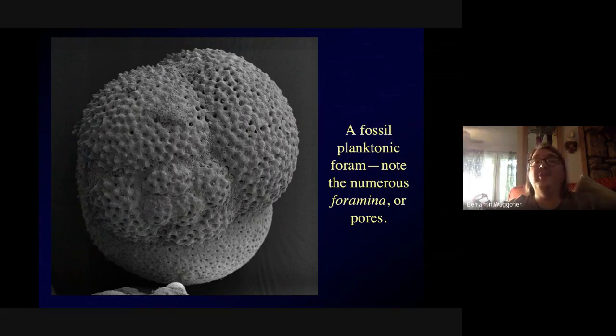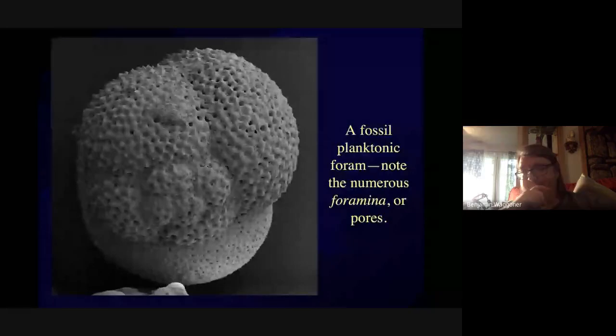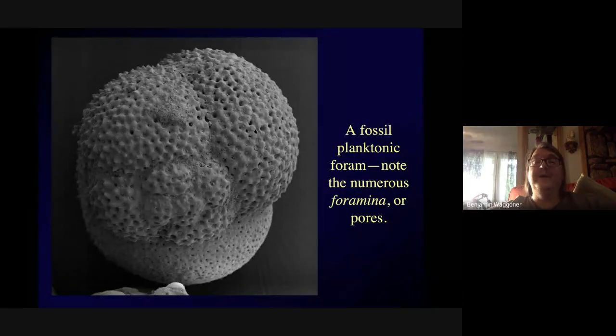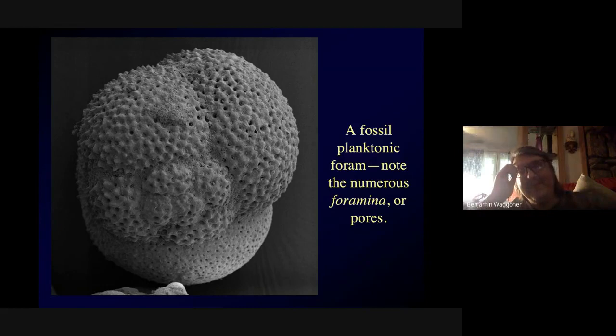I can't even remember all of them now, but it's the same word for a small hole for a nerve to pass as it is here. The foramina are these little pores that make the whole thing look like it's been shot with buckshot. And the reticulopods pass out of those pores and then join together and make that network.